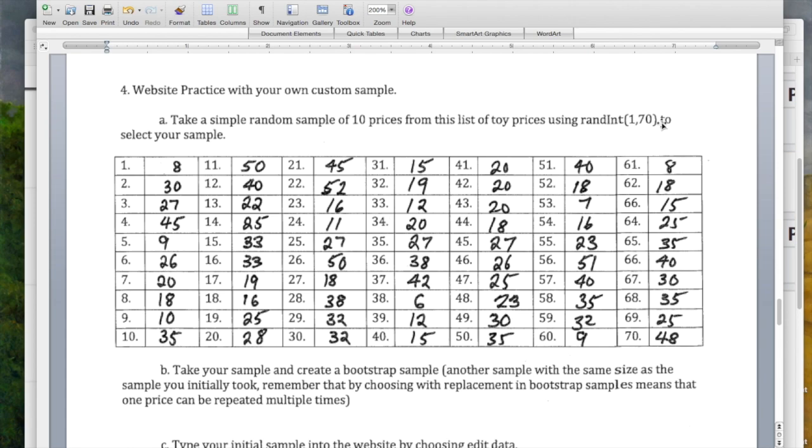So first of all, we've got a population of 70 toys, and we want to figure out a bootstrap sample eventually, but to get to the bootstrap sample, we need to get an original sample. So using random integer 1 through 70, you can do that as well. If you pause the video, do that 10 times and get a sample of 10 prices.